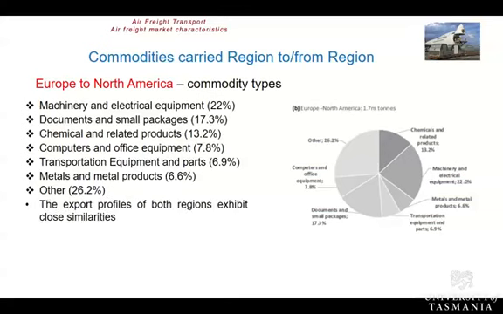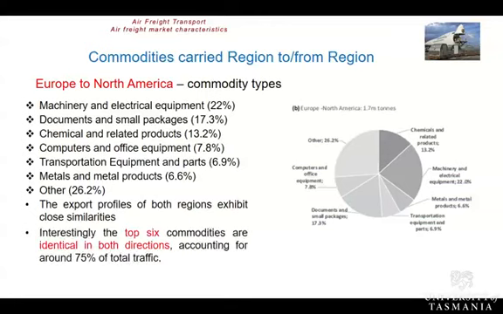So what we're saying there is that both those regions have got similar export profiles, so they exhibit really close similarities in terms of the goods going both ways. And all of those goods account for 75%, so those 6 categories account for about 75% of the goods moved. Don't see any perishables in there. What else is missing? Apparel, perhaps?